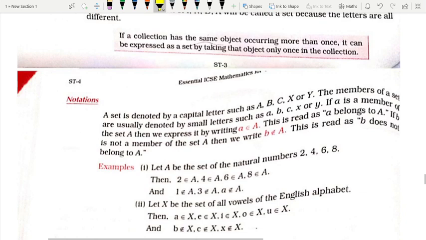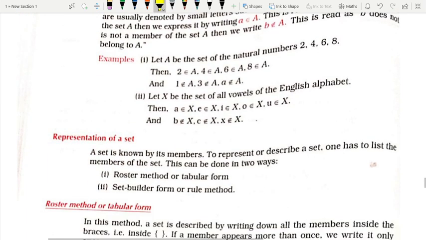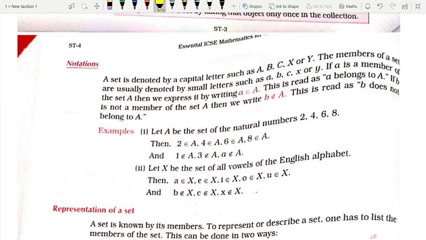Now, notation. See, let's suppose you are of class 6th B. There is a student whose name is Jishan. Okay, Jishan is in class 6th B, yes or no?